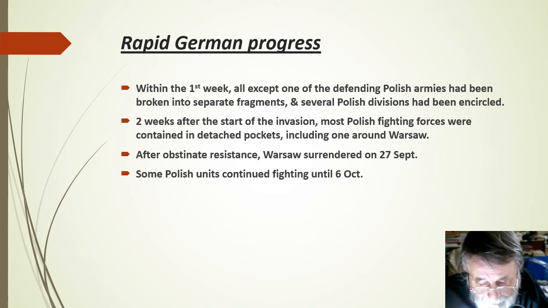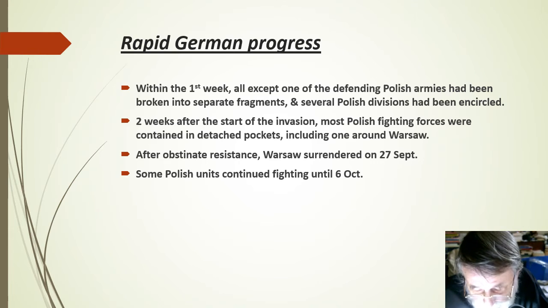The German progress was very rapid. Within 1 week, all except one of the defending Polish armies had been broken into separate fragments, and several Polish divisions had been encircled. When the only remaining Polish army counterattacked on the 10th, it was itself encircled. 2 weeks after the start of the invasion, most Polish fighting forces were contained in detached pockets, including one around Warsaw.